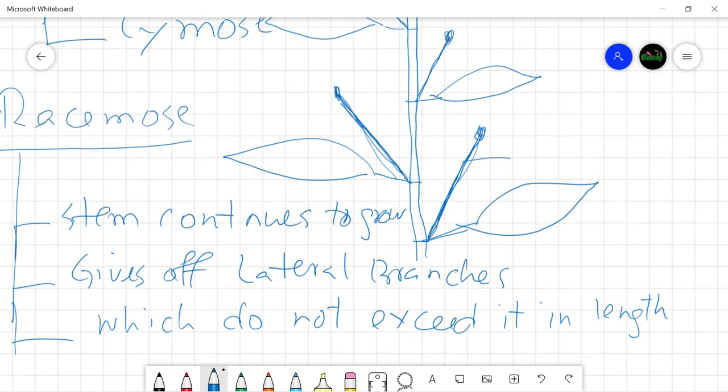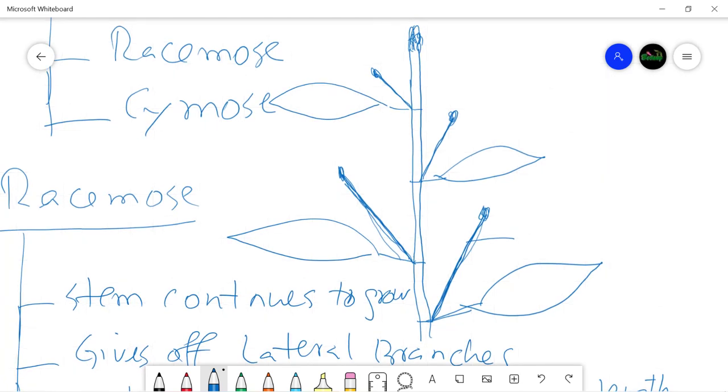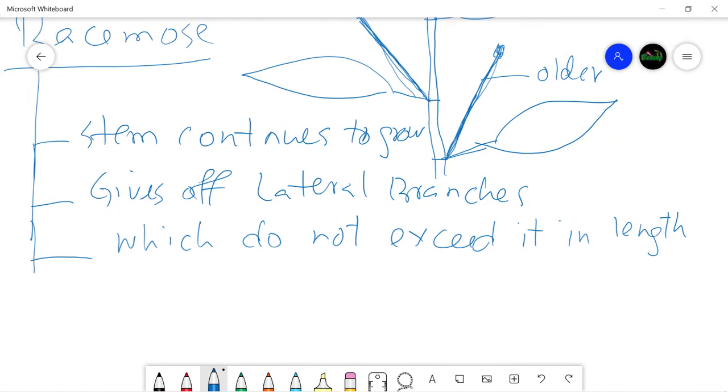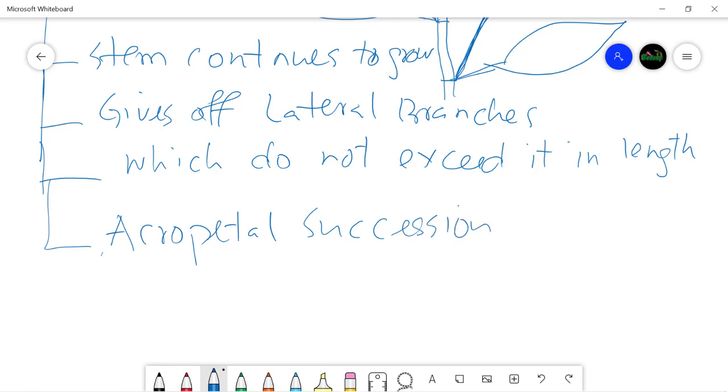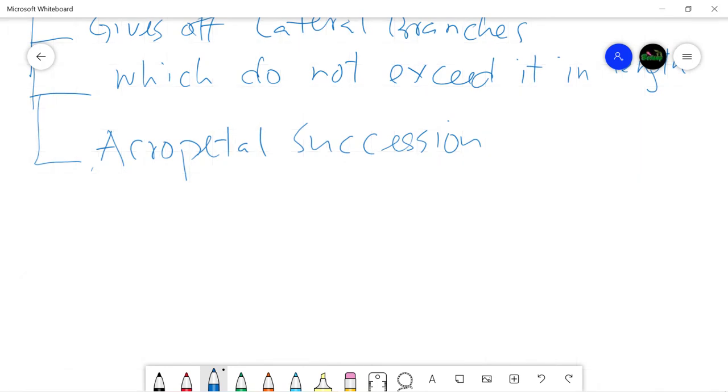And as you can see, as I just told you, these are older branches. So older branches are towards the base of the stem, towards the lower side, whereas the younger branches are towards the apex. This is a common mode, and a term is dedicated to it, and that is known as acropetal succession. So acropetal succession is a mode of branching.